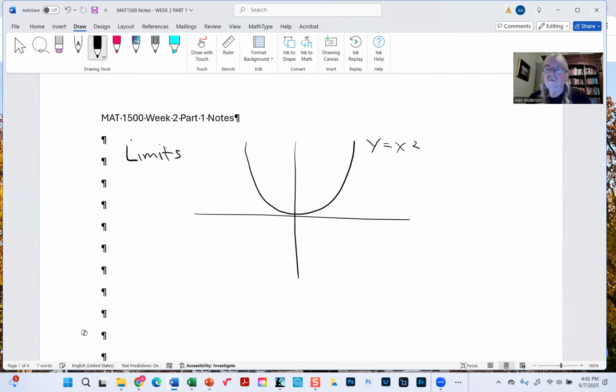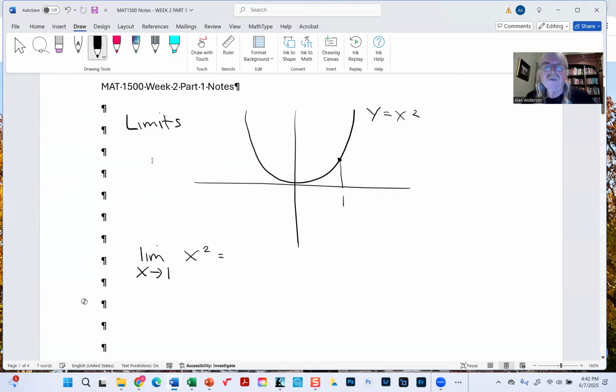Suppose that we need to know, for some reason, the limit of this function as x approaches 1. This is a very simple case because the function is clearly continuous. And so what that means is that the limit, and it's written like this, the limit as x approaches 1 of this function.